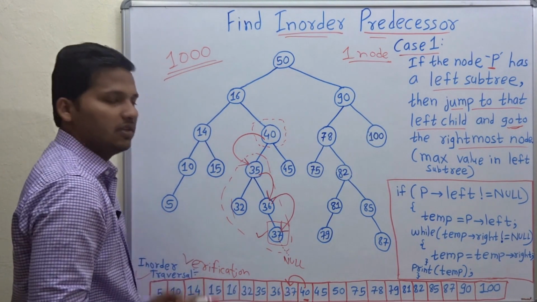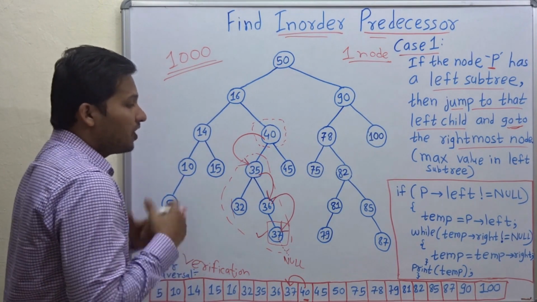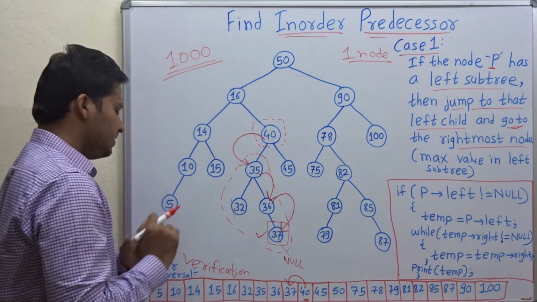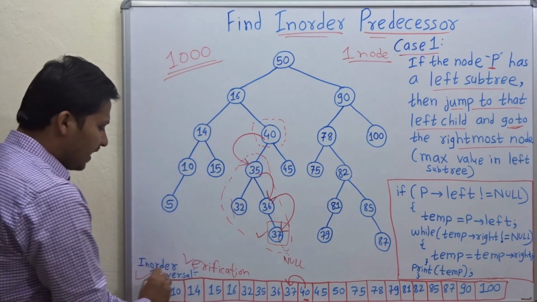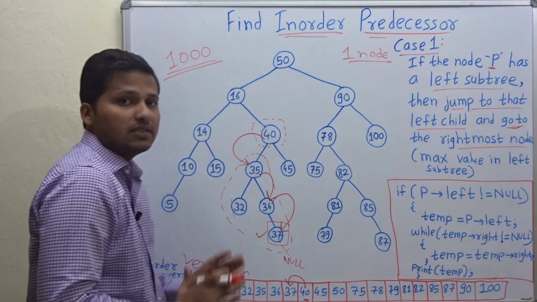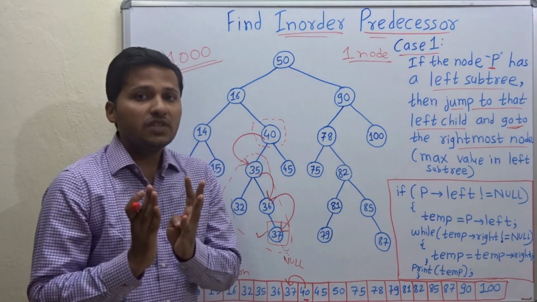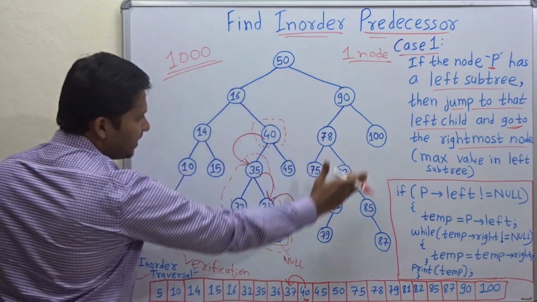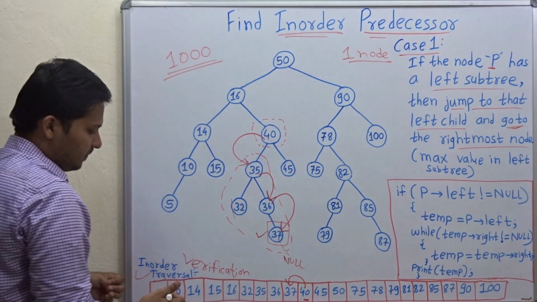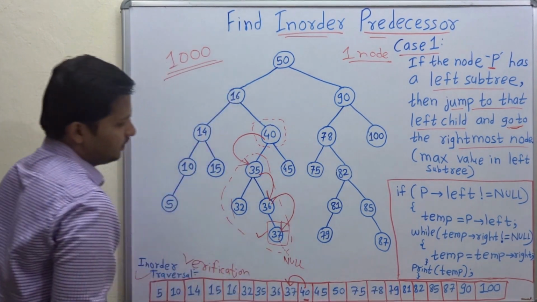Okay, now what is the meaning of this? As you all know, the in-order traversal of a binary search tree is a sorted order of the values in that binary search tree. Meaning it is the sorted order of this binary search tree that is written here.